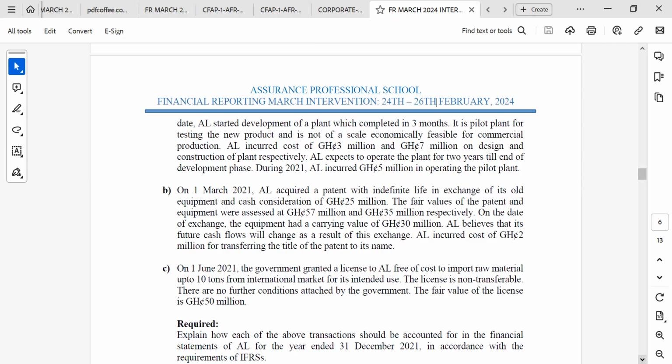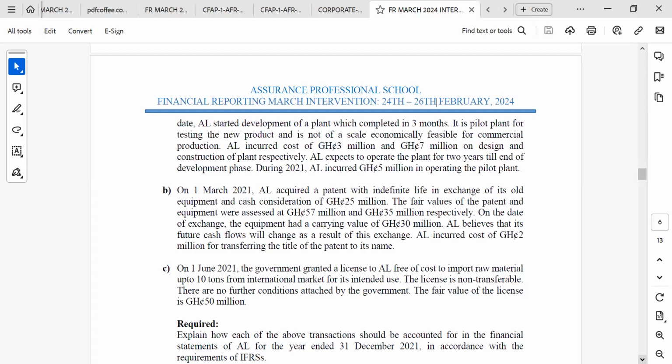On the date of exchange, the equipment had a carrying value of 30 million cedis. AL believes that its future cash flows will change as a result of this exchange. AL incurred costs of 2 million cedis for transferring the title of the patent to its name.